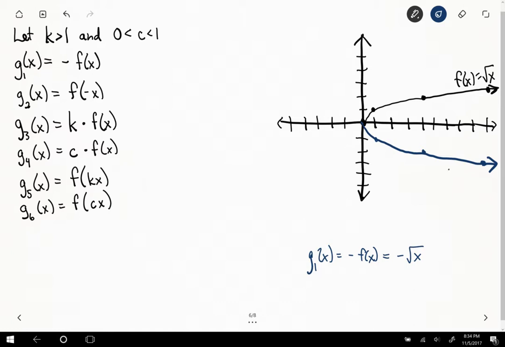Well, if this is g1 of x equaling negative square root of x, notice it seems like we've reflected over this axis, and that's exactly what we have done. And so anytime you have negative f of x, the general rule applies that you reflect f of x over the x-axis.